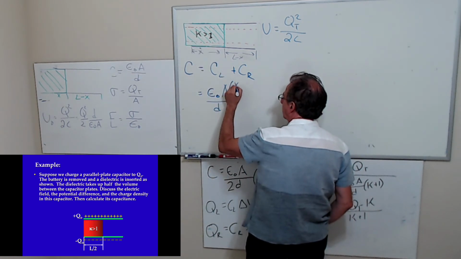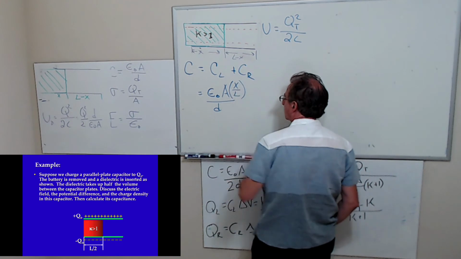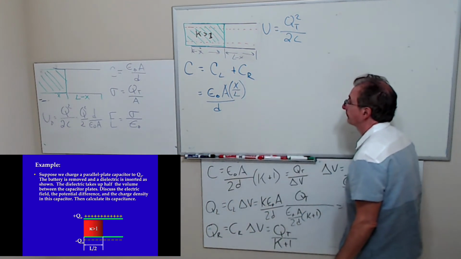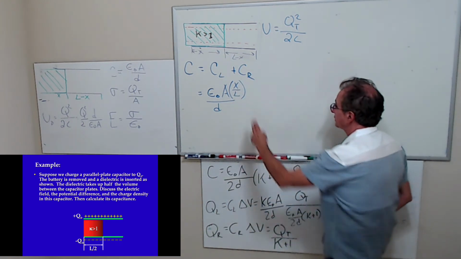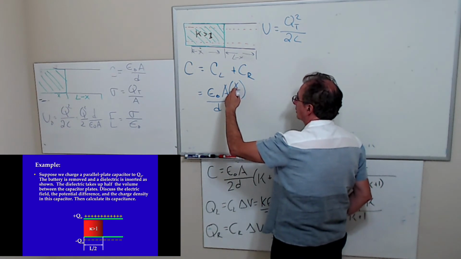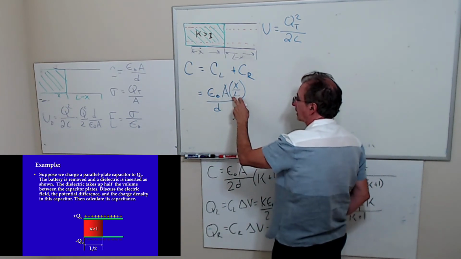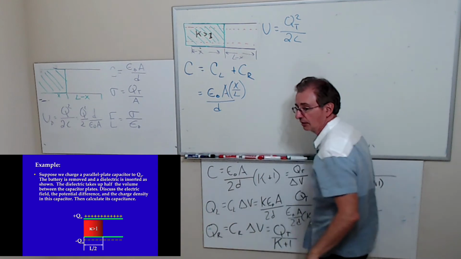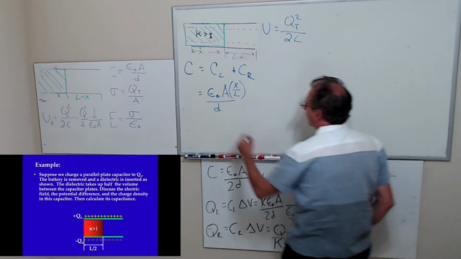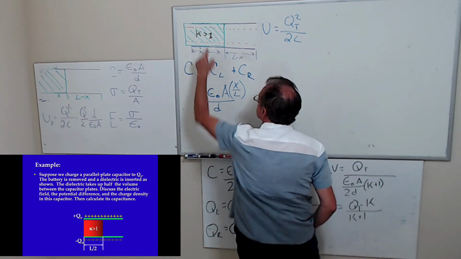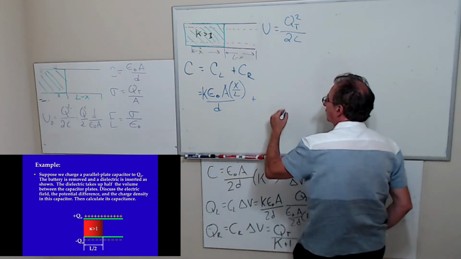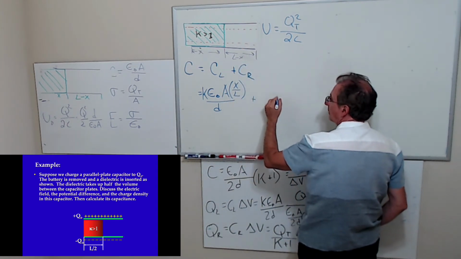So I'm going to put A x over L. So if x is 0, then none of it's in the plate. If x is L, then the entire thing is shoved in. And then I got to put a kappa here because this is the dielectric. The other side has no dielectric, and what's left over is L minus x.